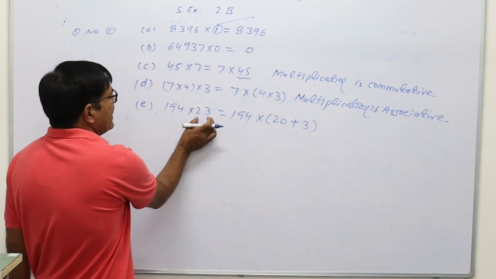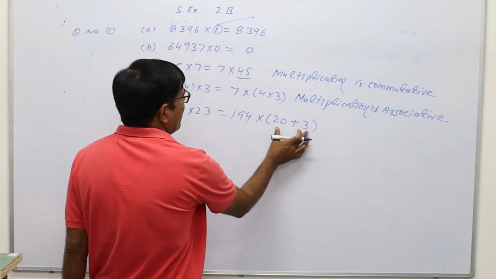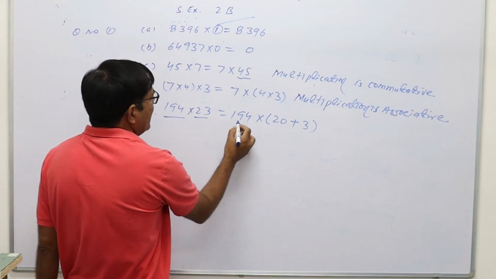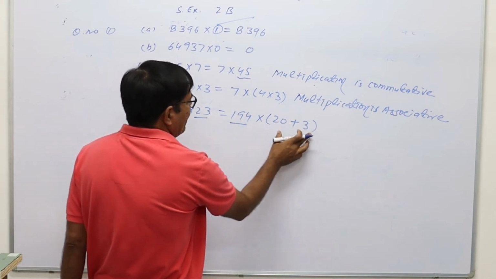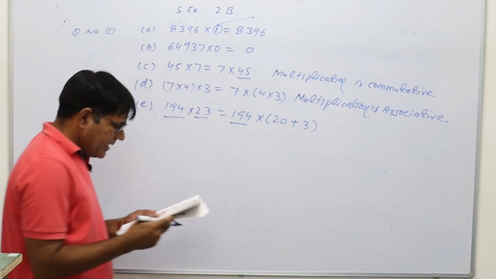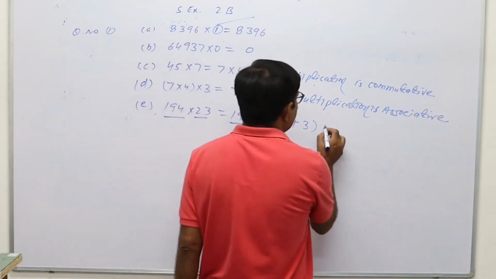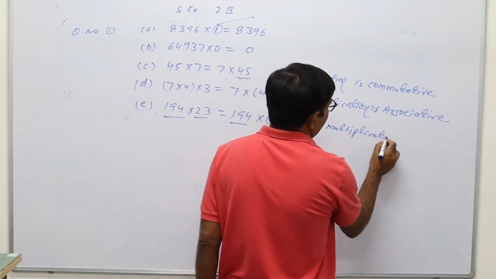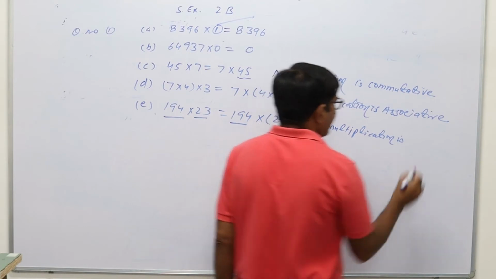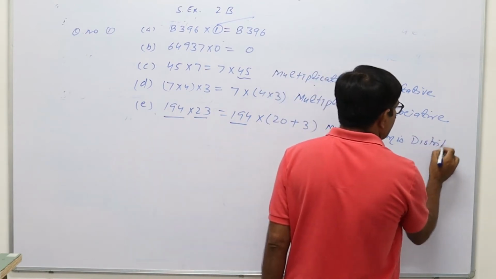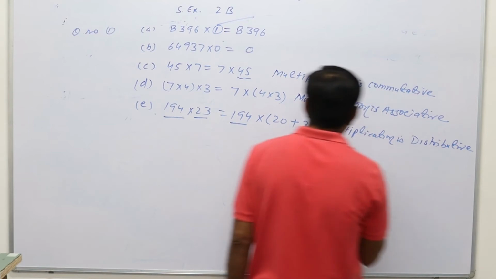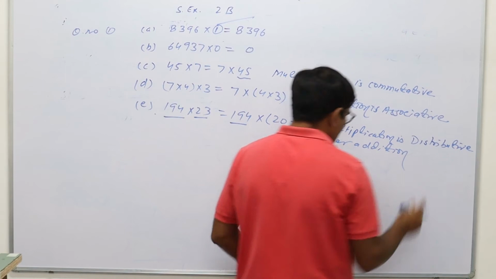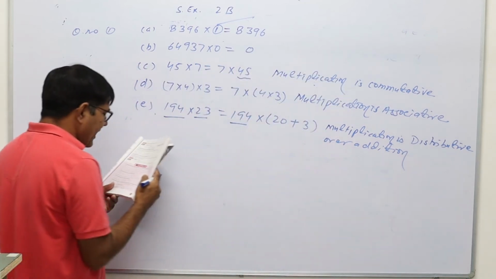So 23 can be written as 20 plus 3. So 194 into 23 is 194 into 20 plus 3. So this is multiplication is distributive over addition. So in this way we can fill the blanks.